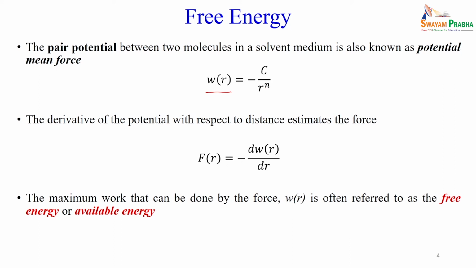As we discussed in the last class, this is a typical expression of the pair potential, and if you want to calculate the force, the force will be the derivative of the pair potential, so minus dW(r)/dr. The maximum work that can be done by the force, W(r), is also referred to as the free energy or the available energy.